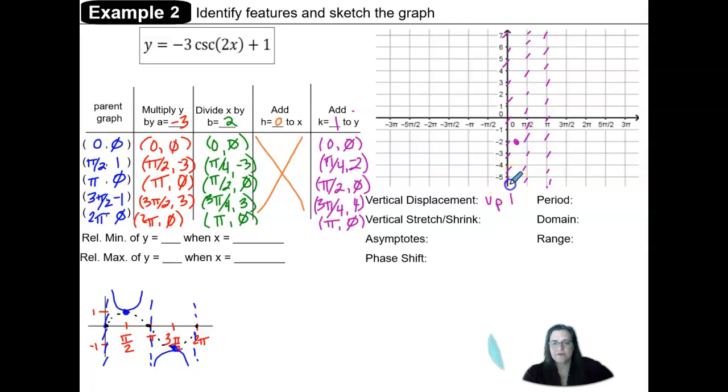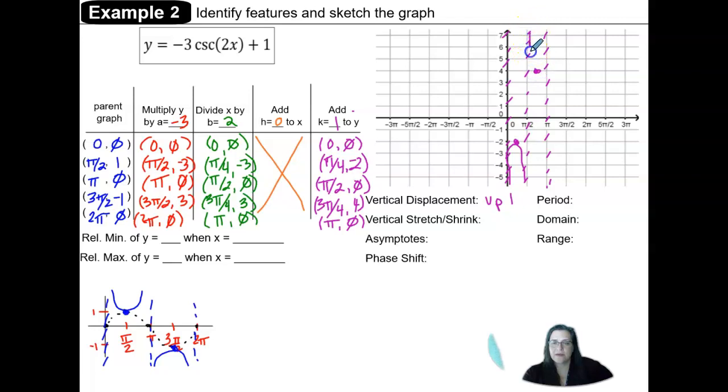So this first U-shape comes between those asymptotes and through that relative maximum. And then at 3 pi over 4, we're going to go up to 4.